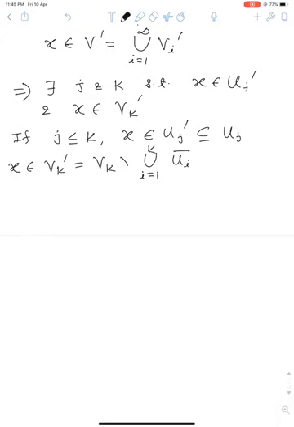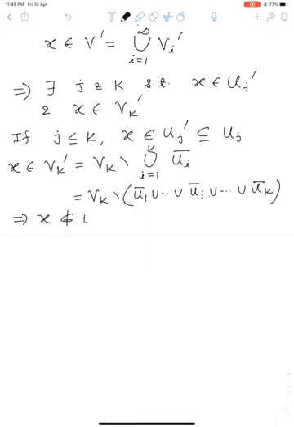Now it is given that k is bigger than or equal to j. That means it is actually Vk minus, we can write it, U1 closure union up to Uj closure union up to Uk closure, right? Now that will imply x does not belong to Uj closure.